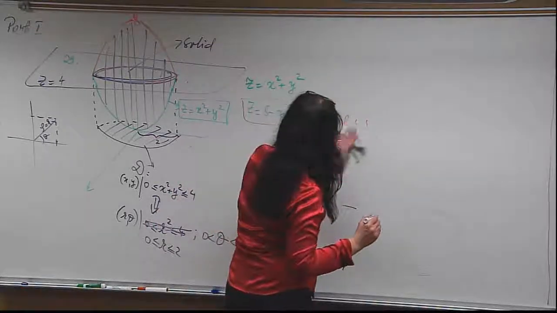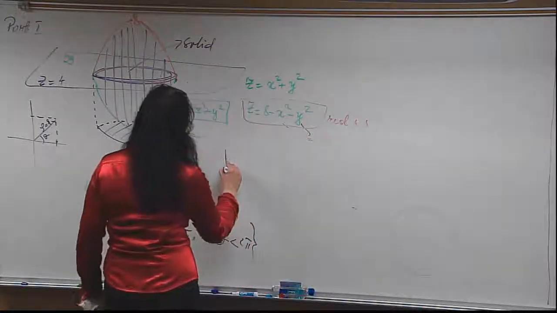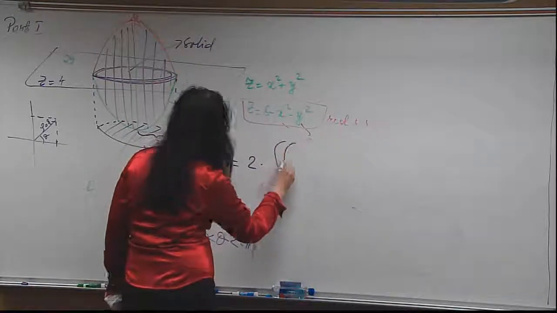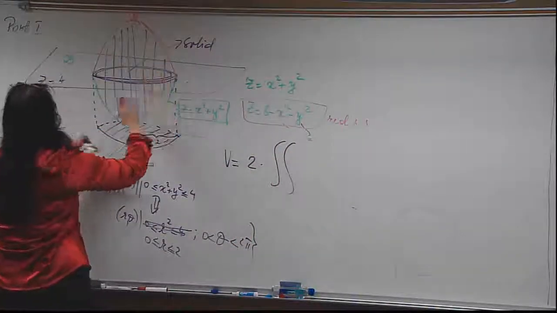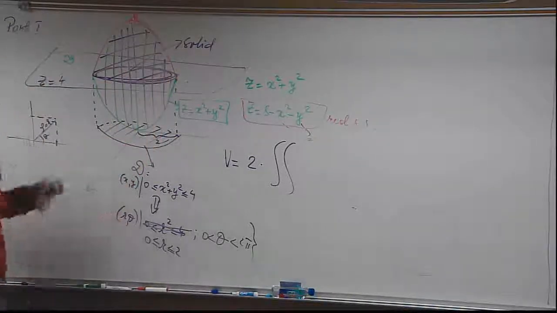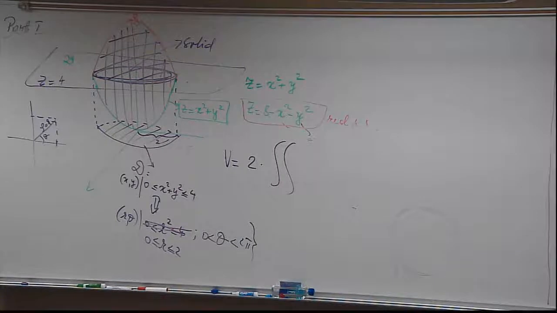But the simplest way to compute the volume would be to say 2 times and set up the integral for this one, for example. Or the other one. It doesn't matter which one. Which one do you prefer? Maybe you like the bottom part of the egg more. Do you guys understand what I'm talking about?